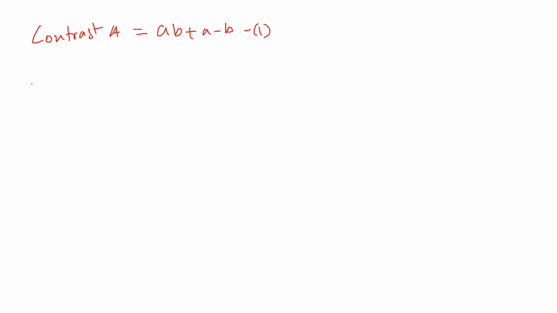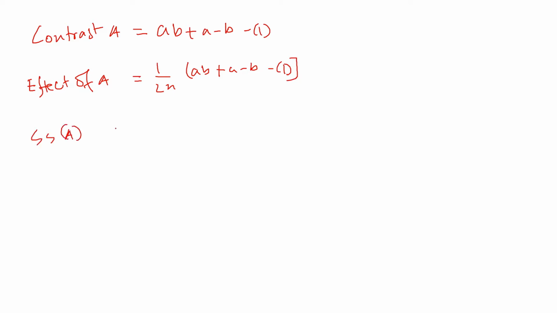Now to calculate the effect of A, we have found that the formula is 1 by 2n times AB plus A minus B minus the control. We also calculated the SS of A for two variables as 1 by 4n times the contrast whole square, so (AB plus A minus B minus the control) whole square, like that.